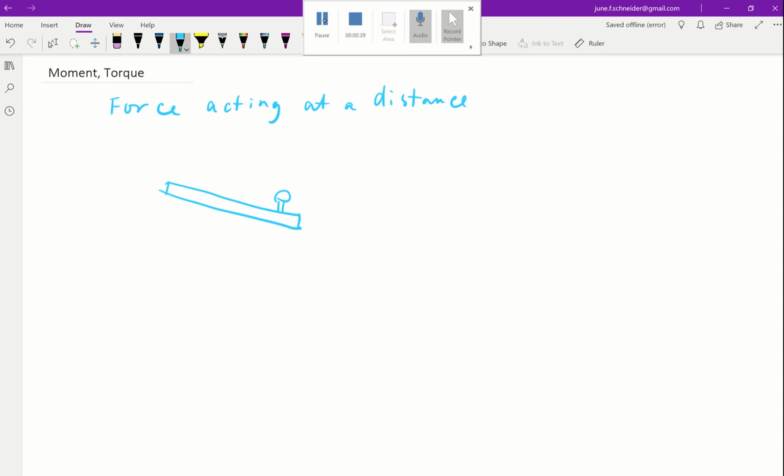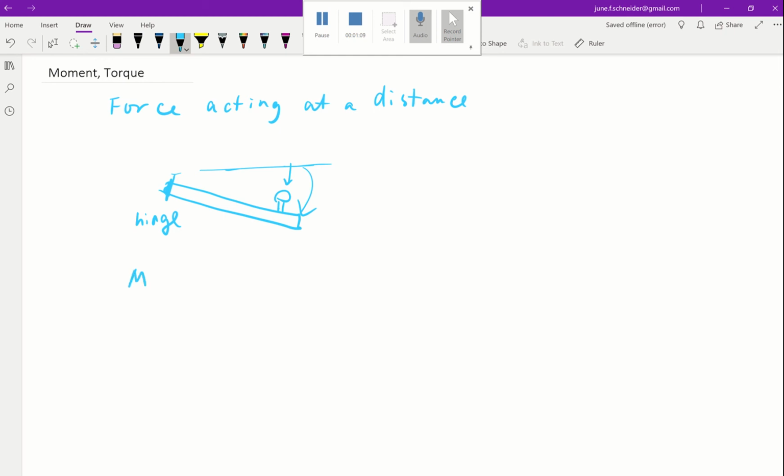And here is our hinge, and you apply force to open the door, to rotate it, to make this swing motion of the door. That's a force acting at a distance because it's going to rotate along the hinge.